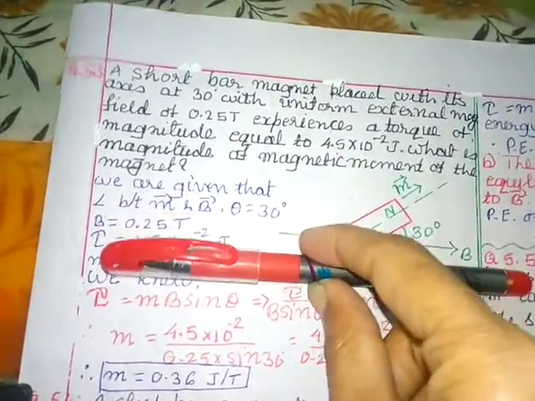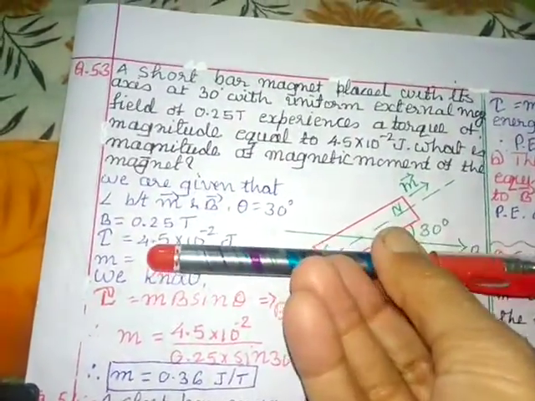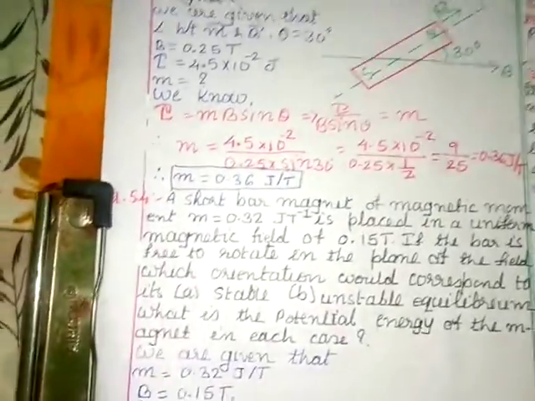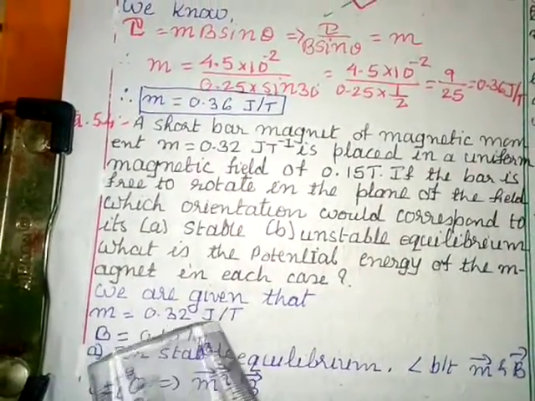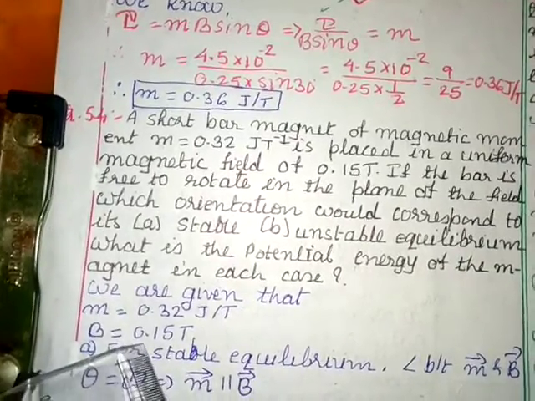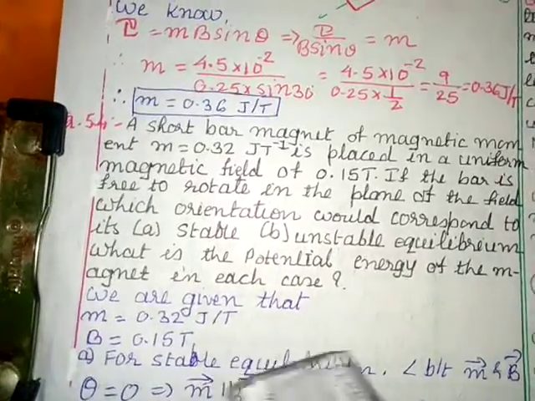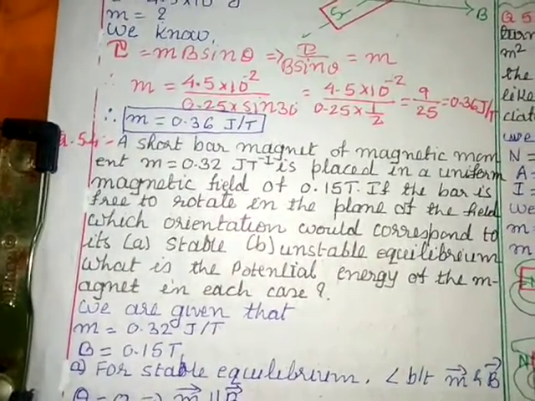So for unstable equilibrium theta will be 180, and for stable, theta between M and B will be 0 degree. Here what we are given is M is equal to 0.32 joule per Tesla, B is 0.15 Tesla. Now as I said, for stable equilibrium, the angle between M and B should be 0. M and B should be parallel.